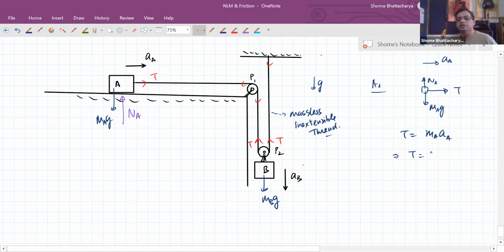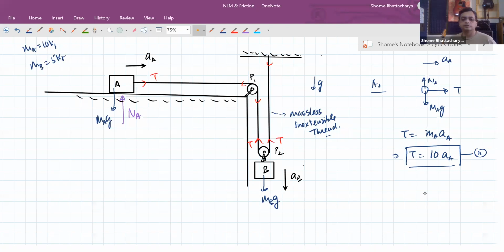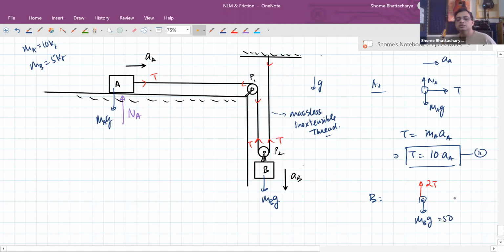I think we've taken the mass of A to be 10 kgs. So that becomes our second equation. If we look at our block B, there is a net of 2T acting upwards. You can include the pulley in its free body diagram because the pulley is massless and its own weight is 50 newtons.